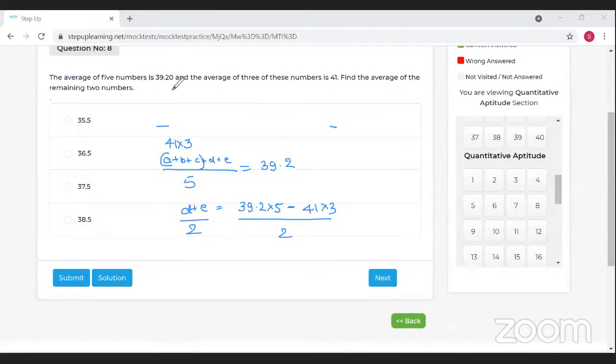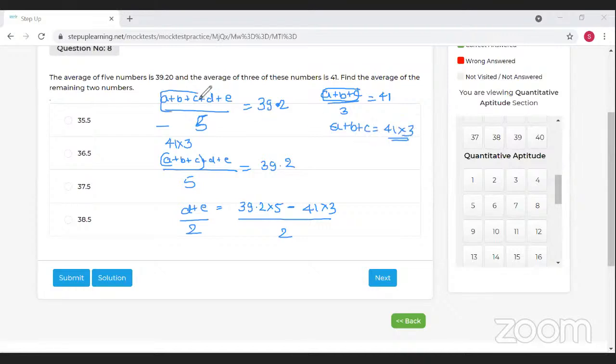The average of 5 numbers is 39.2. So A plus B plus C plus D plus E by 5, and their average is 39.2. Now they are saying that the average of 3 numbers A plus B plus C is 41. So what is A plus B plus C? A plus B plus C will be equal to 41 into 3. I'll substitute it here.